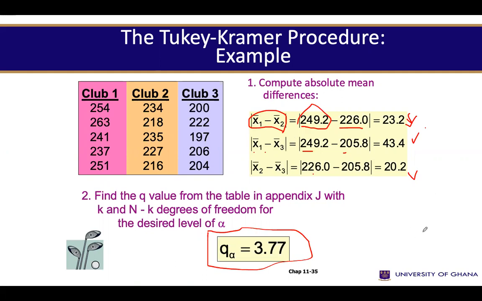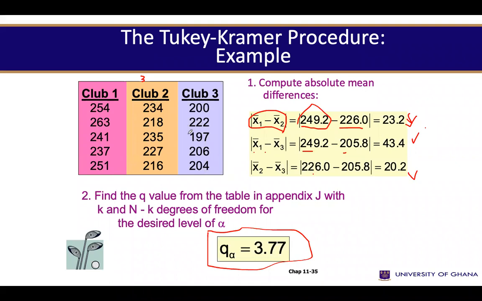All right, sure. Grace. Sir, please, which one is the k? Oh, the k is the number of groups. So we have 3. And n is? N is the sample size. So big N is the overall sample size. That is the number in group 1 plus the number in group 2 plus the number in group 3.